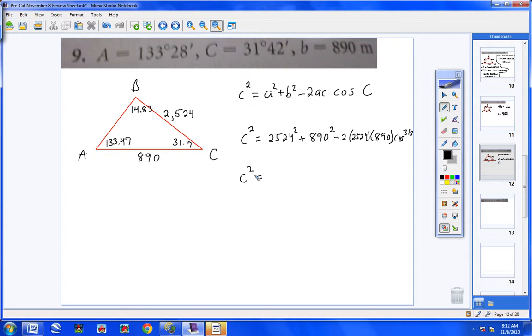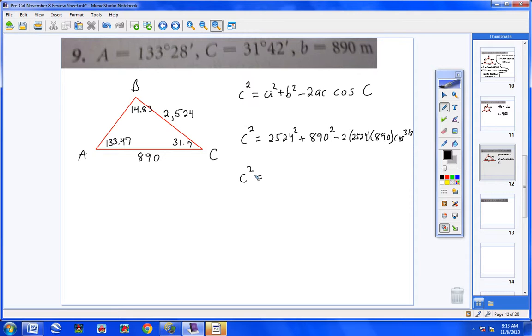So C squared equals, and here we go, 2524 squared plus 890 squared minus 2 times 2524 times 890 times cosine of 31.7, enter.